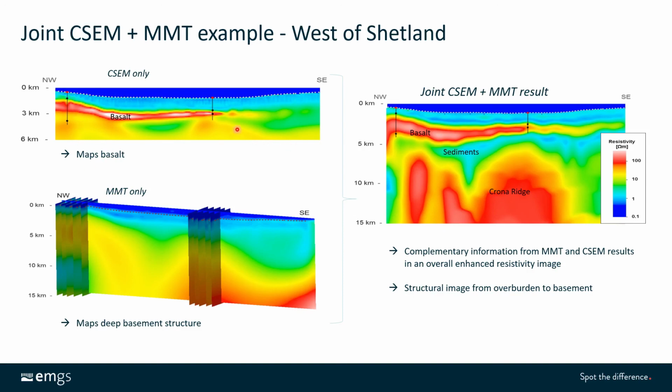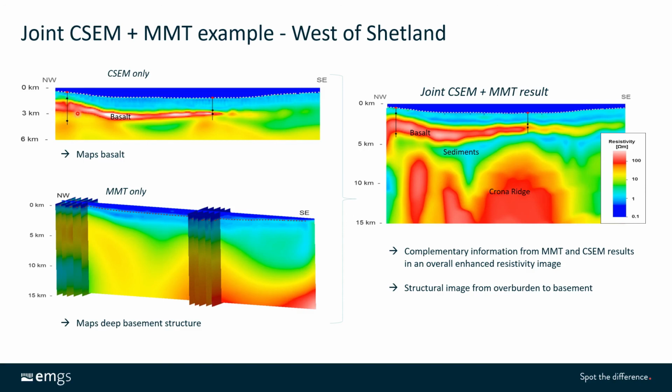If you see where the basalt is thinner, the CSEM data is working pretty nicely. But as soon as the basalt is getting thicker, the CSEM data also starts losing sensitivity.